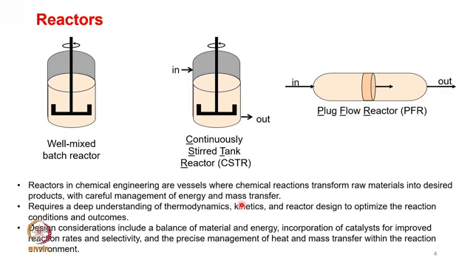We will look at some concepts that you may know earlier to compute the volume of three specific reactors as we see over here: the well mixed batch reactor, the continuous stirred tank reactor, which is the CSTR, and the plug flow reactor.